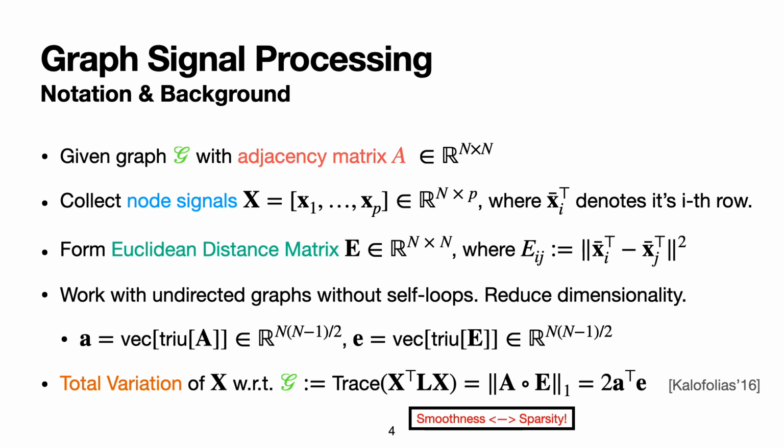Kalofolias in 2016 showed the connection between this smoothness interpretation and a sparsity interpretation. He showed that we can equivalently rewrite it as the one norm of the Hadamard product of the adjacency and the Euclidean distance matrix. We're going to leverage this formulation in our graph recovery problem to come.